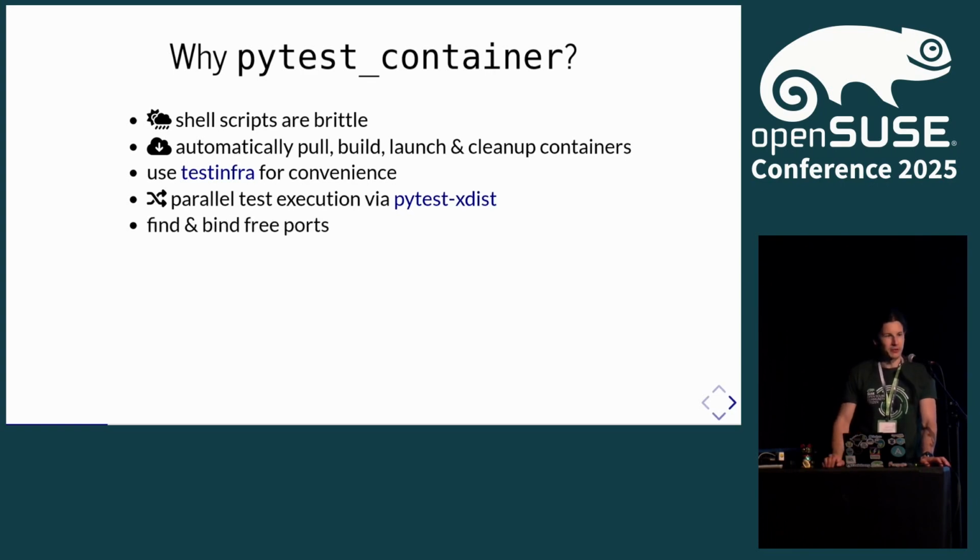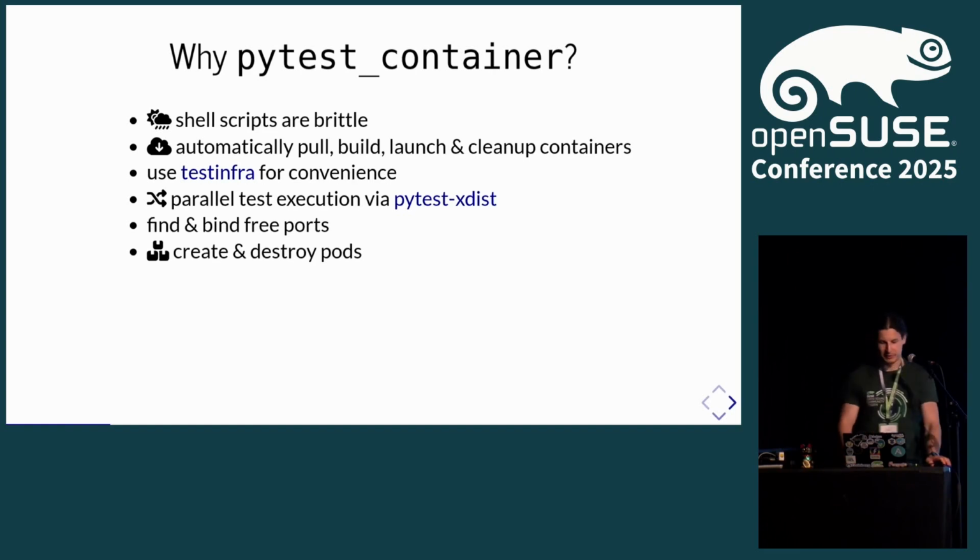Which I already spoiled, the next feature: finding and binding free ports. FYI, Podman and Docker usually also support a way to expose ports themselves and find a free one, but they allow for plenty of data races, so I had to do it myself.